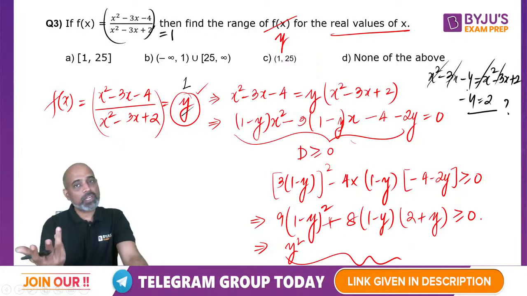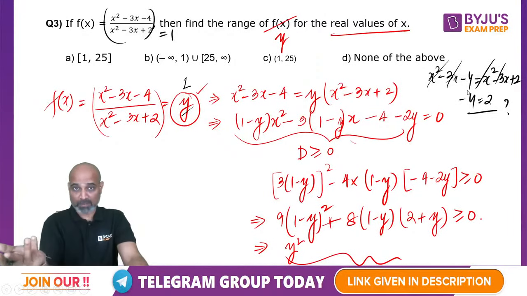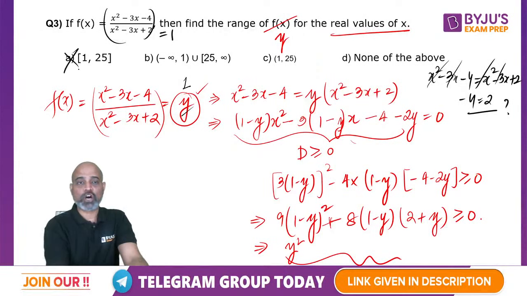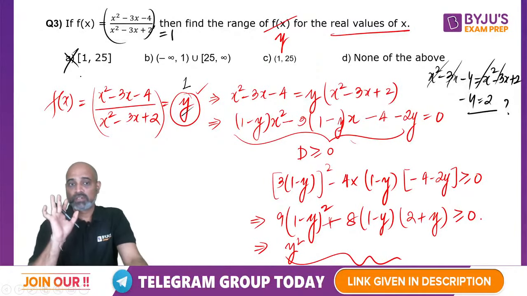That doesn't happen. So that means our assumption that the value of this quotient polynomial can be 1 is totally wrong. So it can't be 1, so option A is gone. It cannot be. Right? Okay.